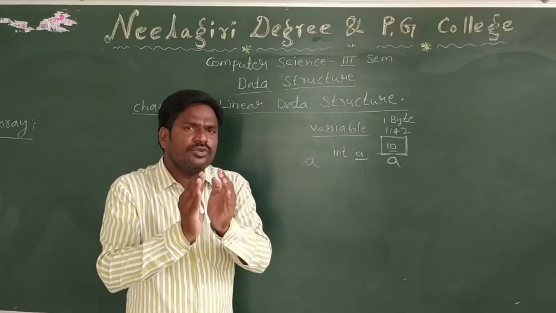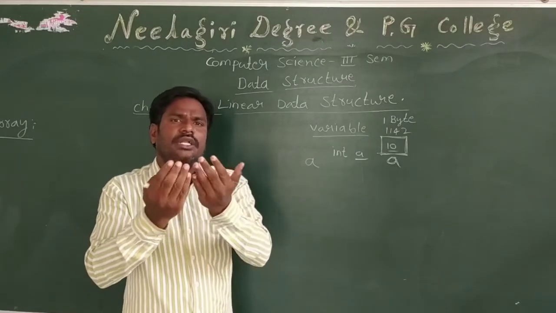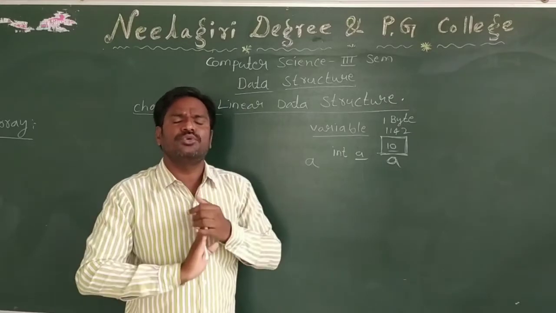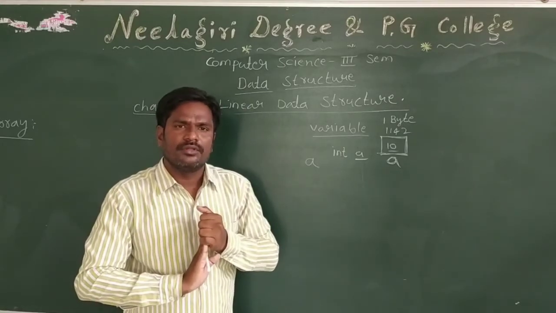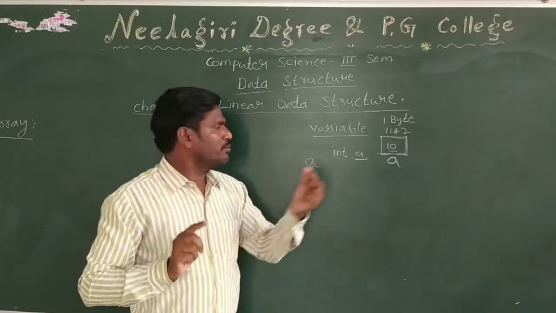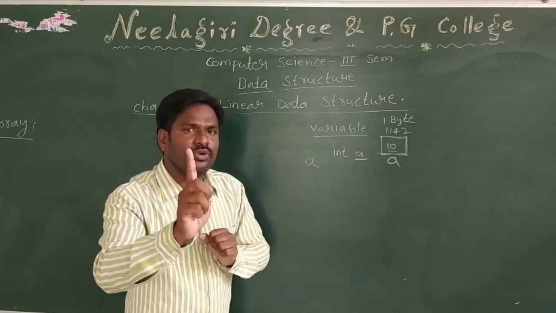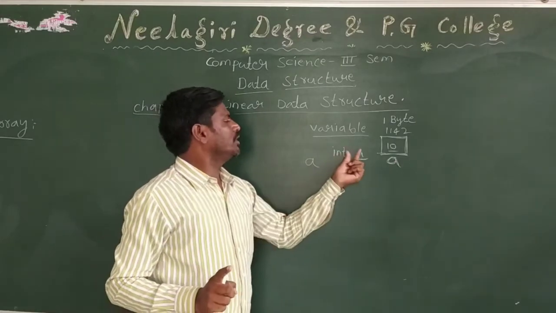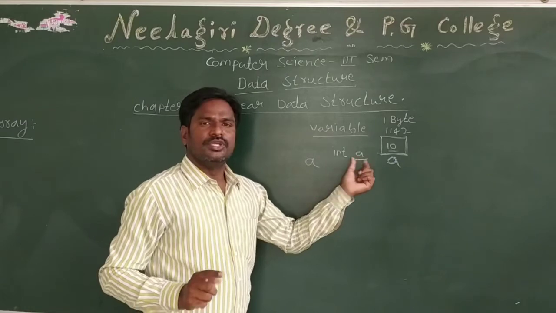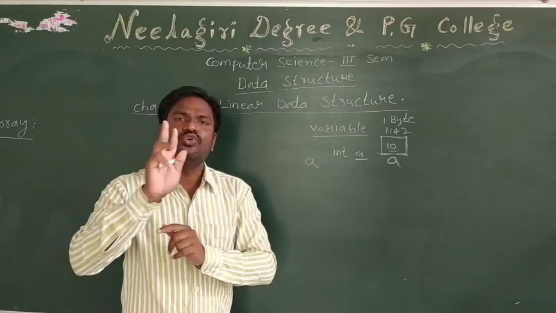When you want to read data from a user, the data needs to be stored in the computer memory, so for that memory we give a name. To read one value, we need to declare a variable A. For example, I want to write a program to find the sum of two numbers.